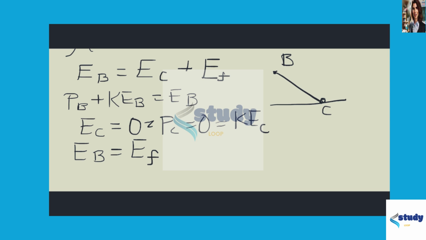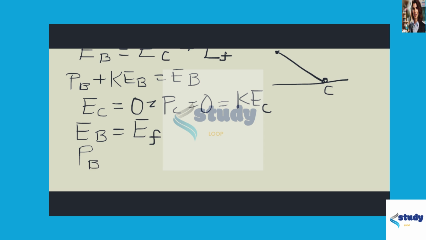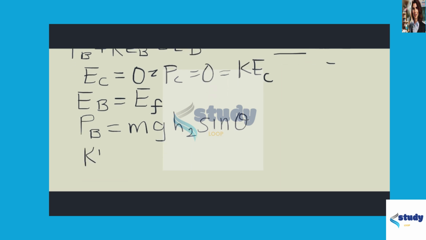So, continuing forward, we see that PB will be equal to, remember that this is H2 that we had from before, PB is going to be equal to mgH2 sine theta. Kinetic energy at B will be 1/2 mvB squared.